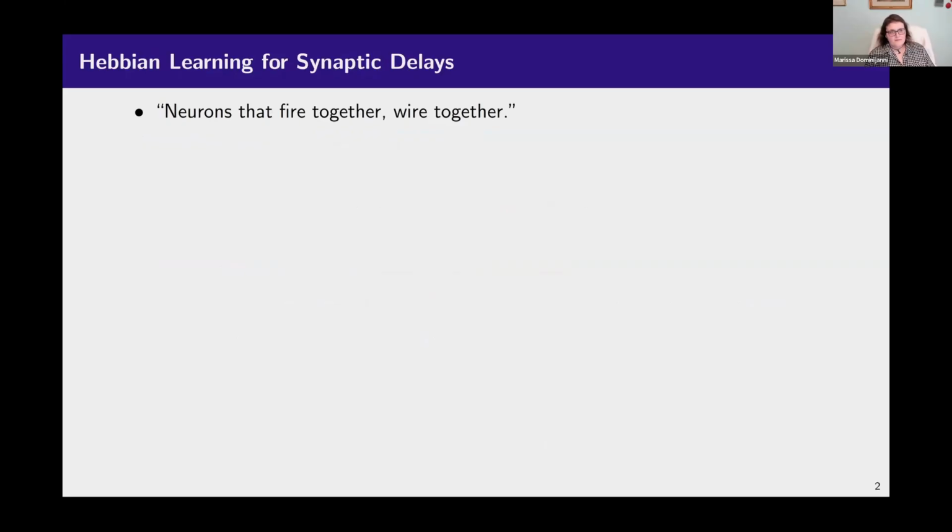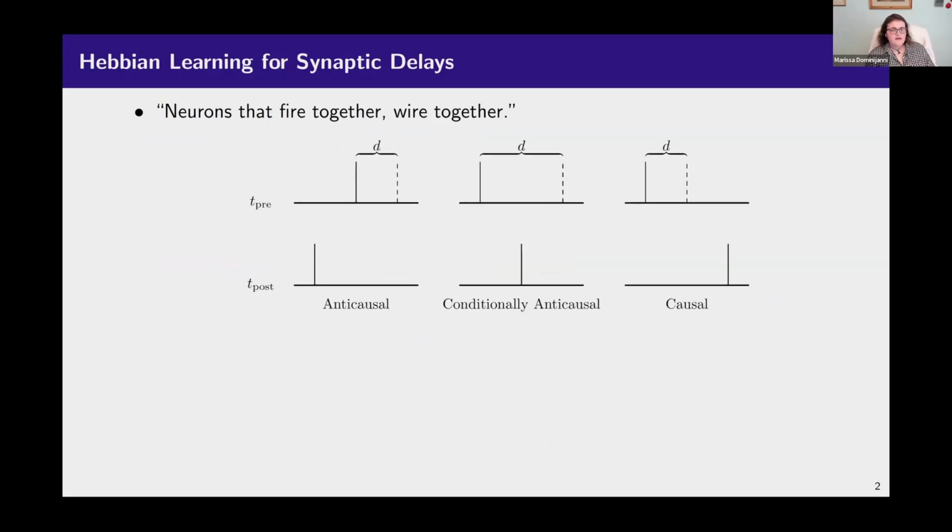For pair-based STDP, we typically have two types of neuron pairs, either anti-causal or causal, based on the relative postsynaptic and presynaptic timing. Here, we also specify this conditionality on an anti-causal pair because the delay can shift a presynaptic spike that would have been causal into one which is instead anti-causal.